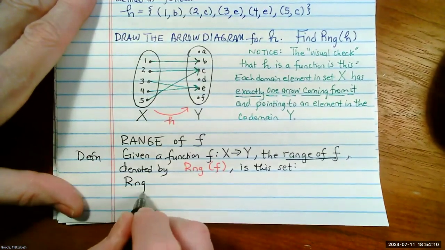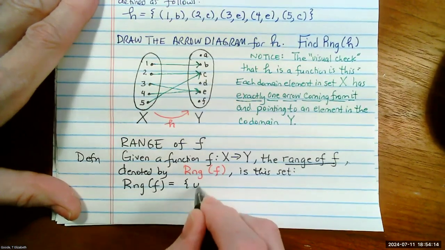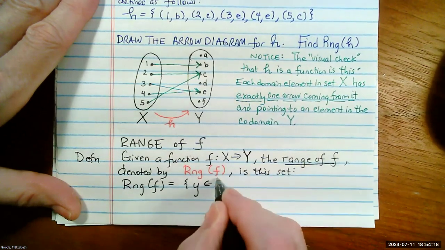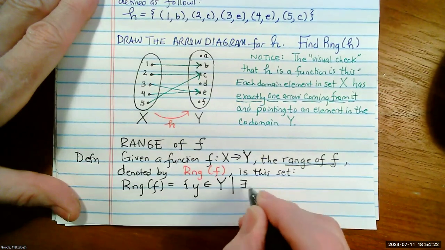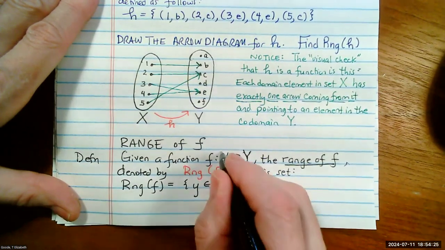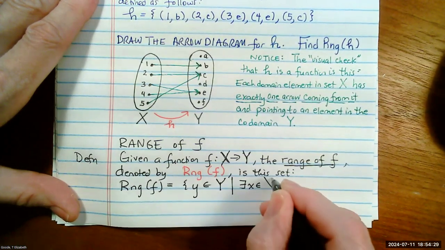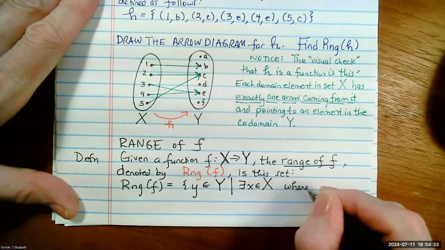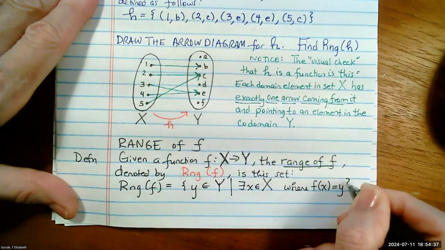The range of f is the set of y in the codomain, big Y, such that there exists an element little x in the domain big X, where f of x is equal to y.